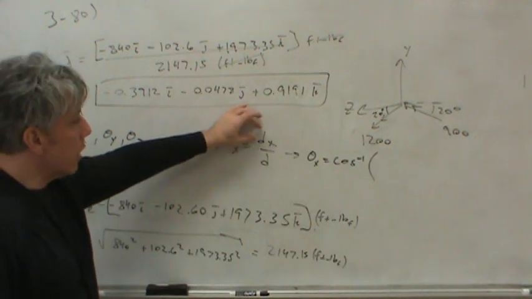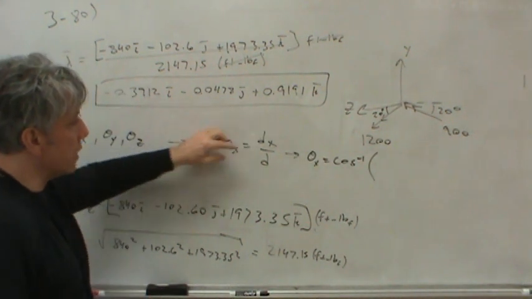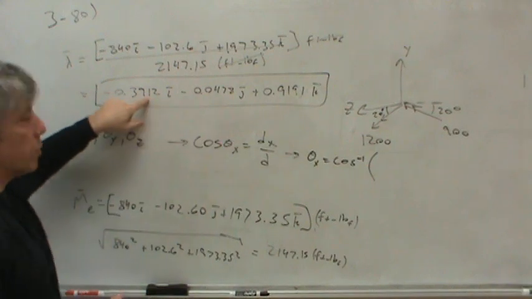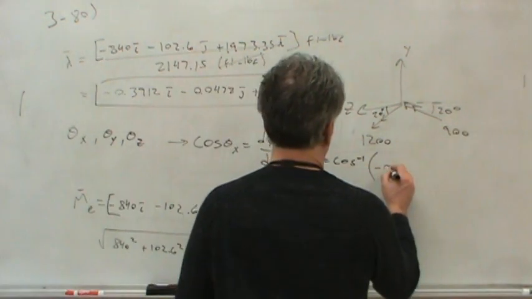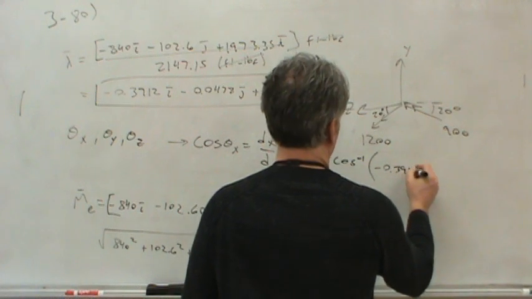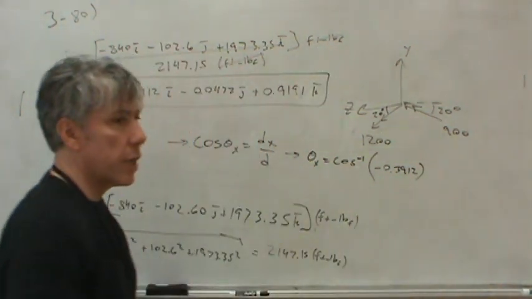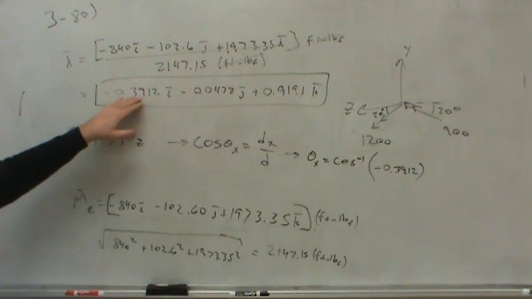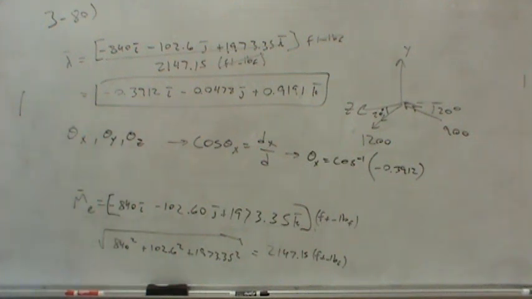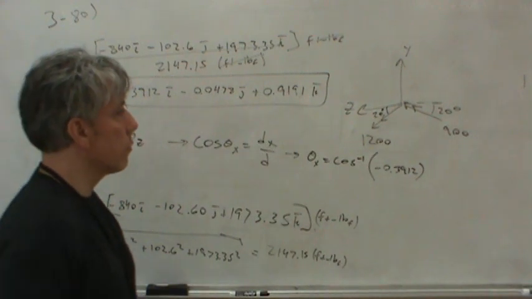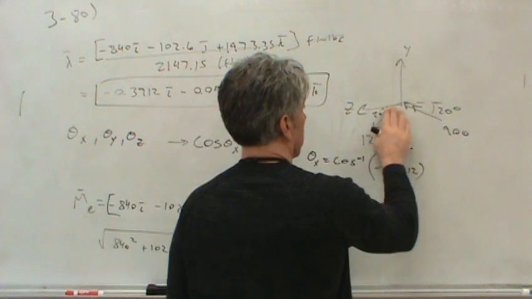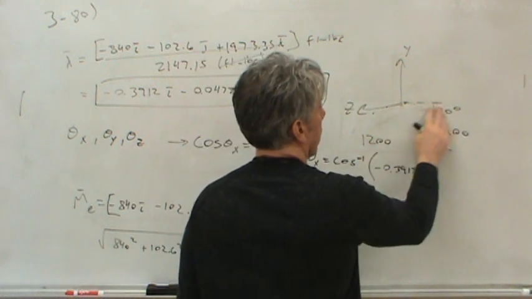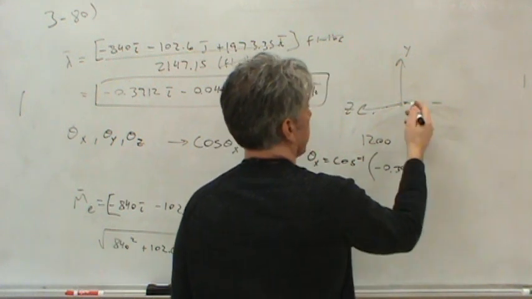Notice we've already so-called normalized it. In other words, we've gotten percentages for each of these axes. We've already taken dx over d. That's what this is, right? So we need the inverse cosine of negative 0.3912. What do you get when you take the inverse cosine of negative 0.3912? 113.03. And so that is the direction off of the x-axis.